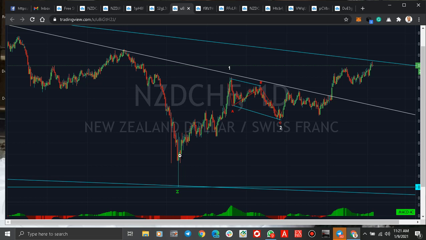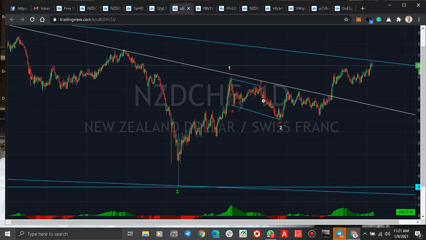Okay, you can see, as I said earlier, an impulse always looks like this. An impulse is always steep and sharp like this. Whenever it's moving sideways, it's difficult to count as an impulse. But nevertheless, if this move will be an impulse, then I might assume that this is wave 1.